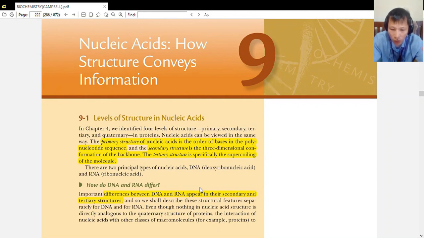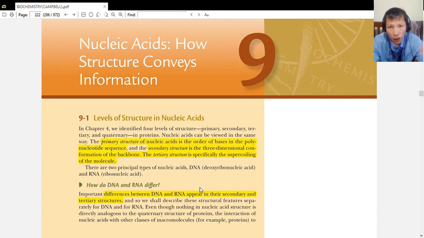What order that nucleic acid has, we term the primary structure of that nucleic acid. And then the secondary structure is the three-dimensional conformation of the backbone. If you already have that sequence of nitrogenous bases, it only repeats. We say that is the order of bases because that is for one particular unit.